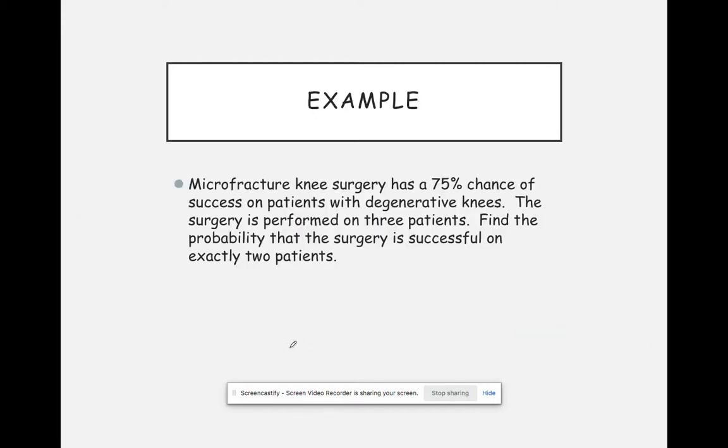So we are going to look at this knee surgery example, and we will calculate a probability using both the formula, and then I'll go into Statlet and show you how that works as well. So again, before we use the formula that you just saw on the previous slide, we have to make sure that it's appropriate to do so. So we have to make sure that those conditions are satisfied. This is very similar to what we just saw. It's a surgery example, so either it's successful or not.